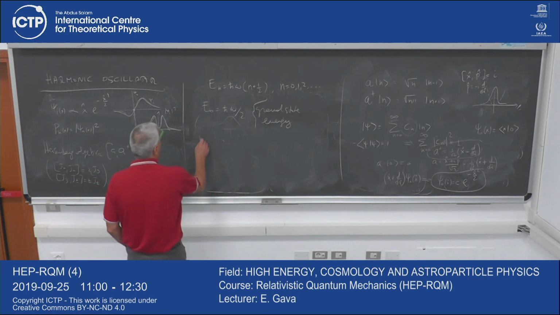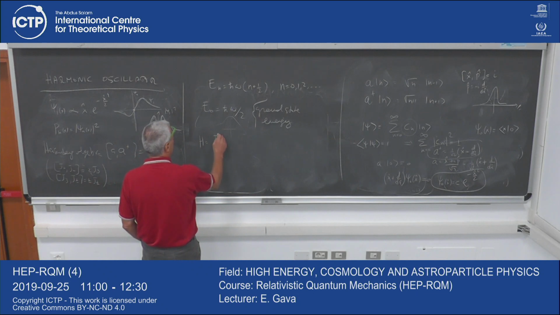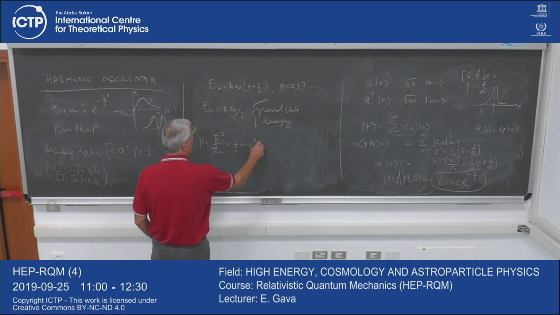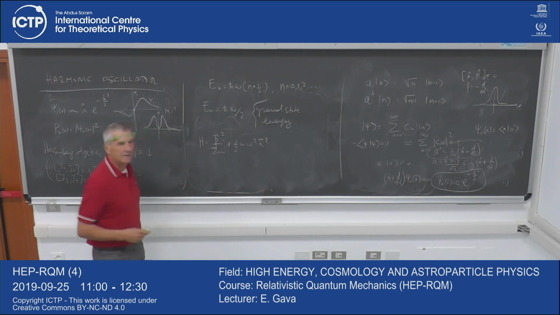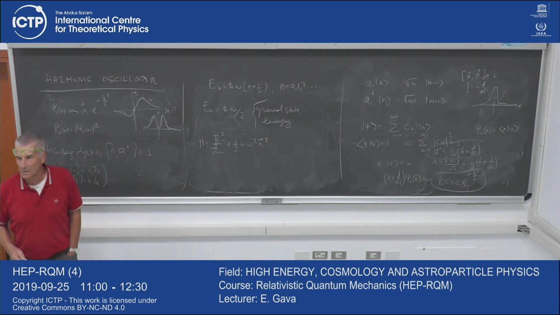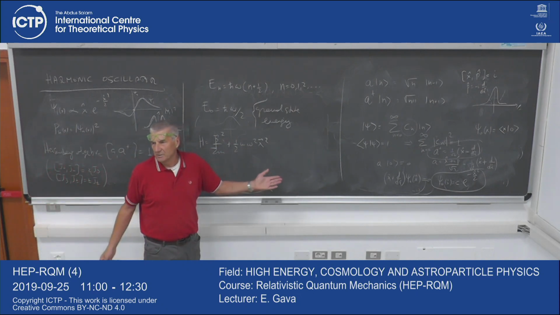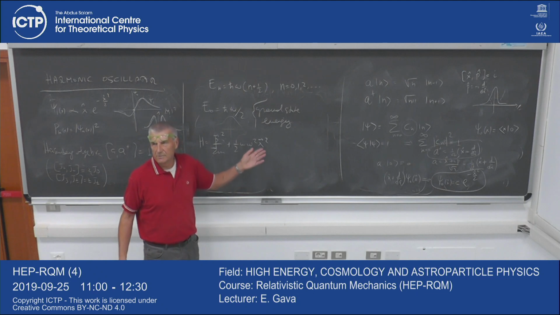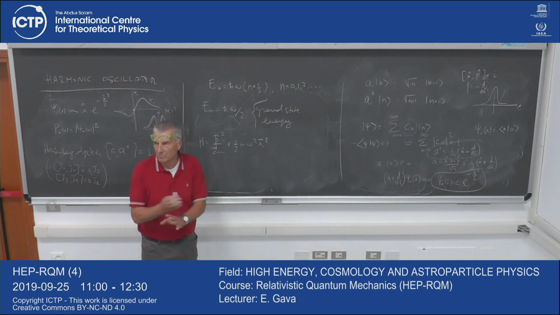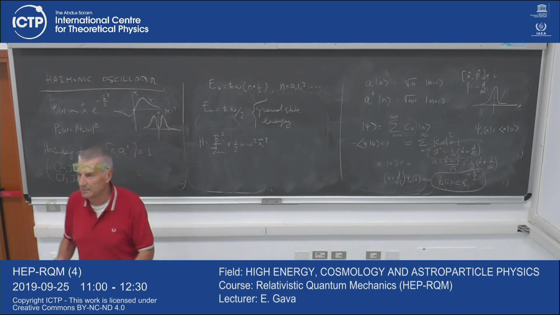So if you have a Hamiltonian which is, say, p squared over 2m plus 1/2 m omega squared x squared, and suppose you are in 3 dimensions, there are 3 decoupled harmonic oscillators, because x1, x2, x3 are not interacting with each other.